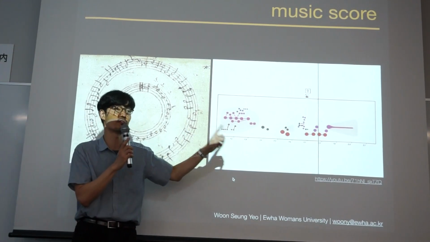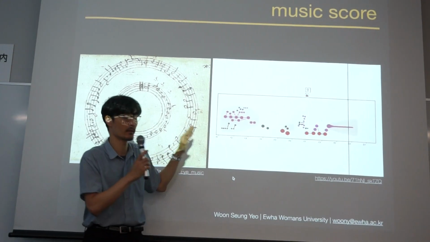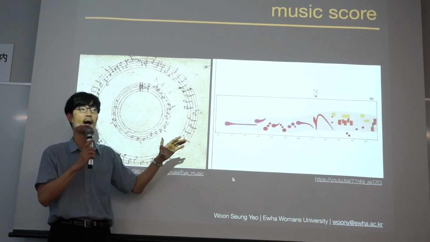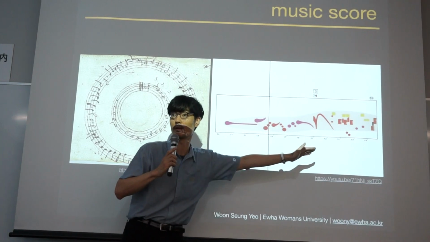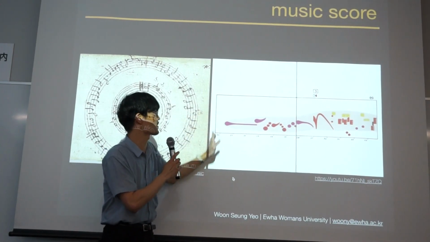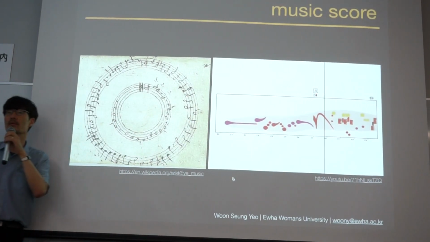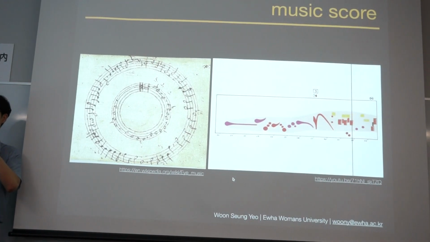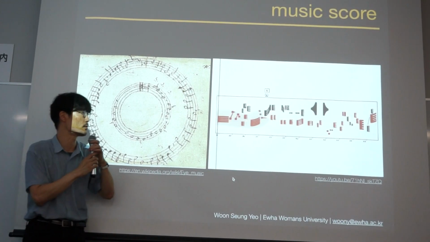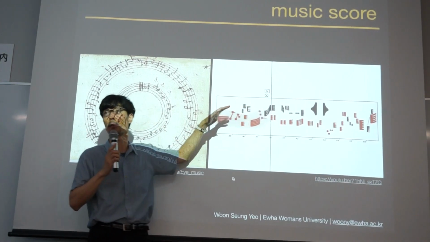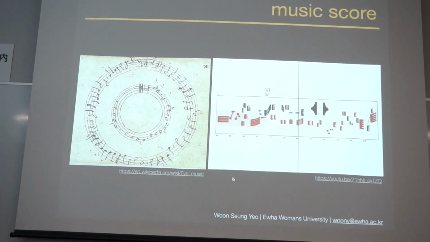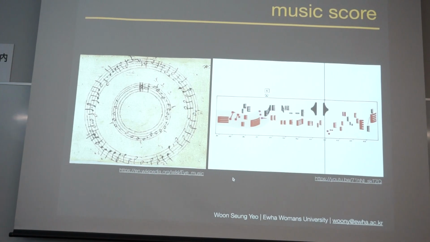One thing we can notice here is the representation of time. So time goes from left to right, horizontally, right? While the vertical axis represents the pitch or maybe frequency. So the higher sound is represented in the upper part of the screen, and vice versa.